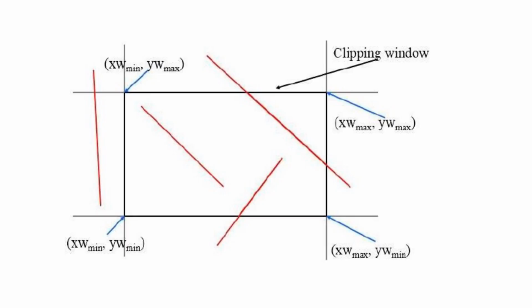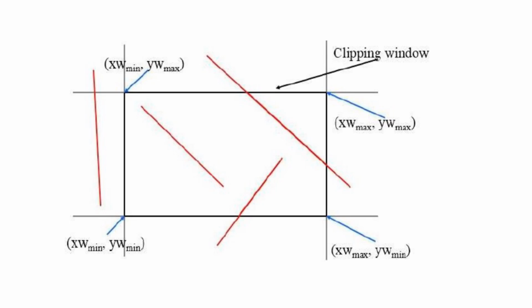We see X window min and Y window max, on the right side X window max and Y window max, then X window max and Y window min, and X window min and Y window min. So we have minimum and maximum limits of the XY coordinates.